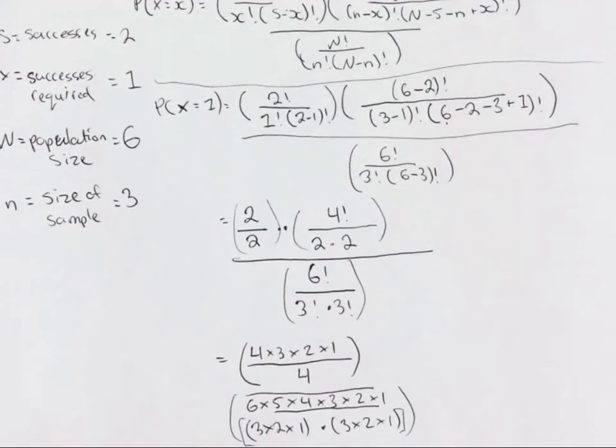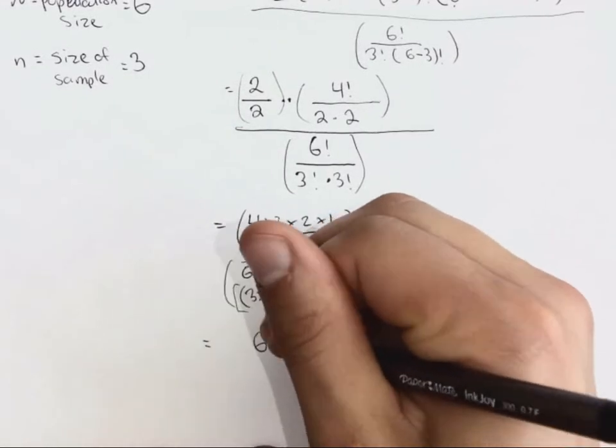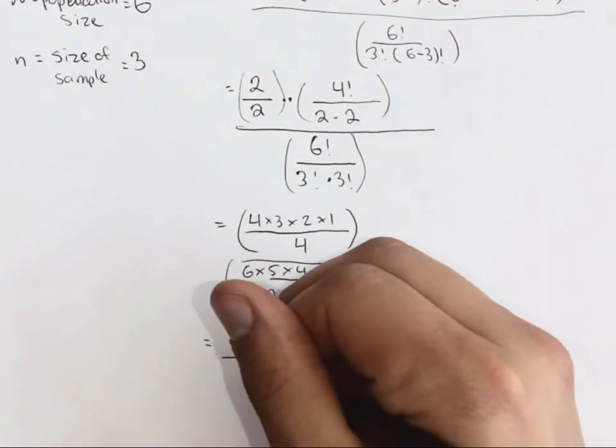And we can start working this out. So 4 factorial equals 24 divided by 4 is 6. Now 6 factorial, 6 times 5 times 4 times 3 times 2 times 1 is 720.